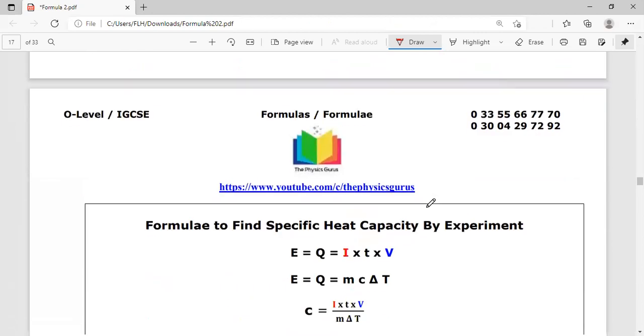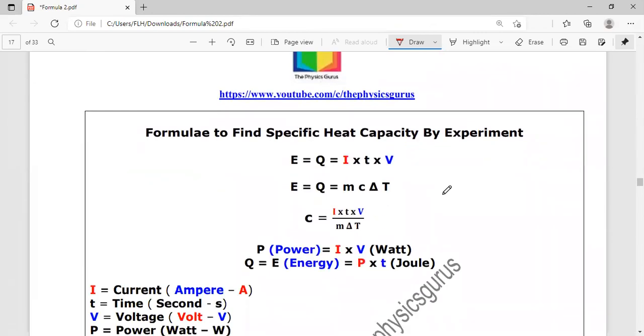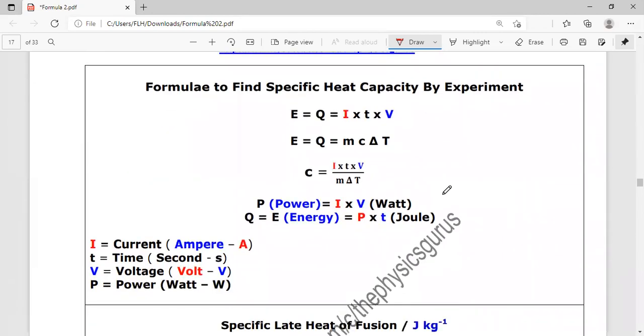Then formula for specific heat capacity by experiment, a very famous experiment. Different formula can be used. Number one, E is equal to Q is equal to I into T into V, where I stands for current, T stands for time, V stands for voltage or potential difference.